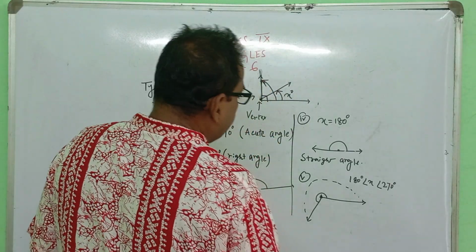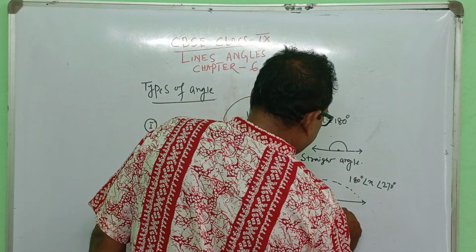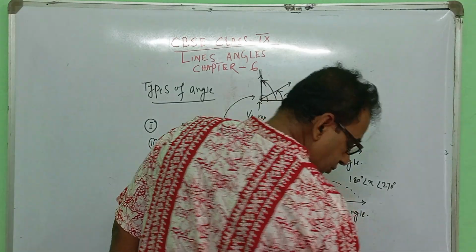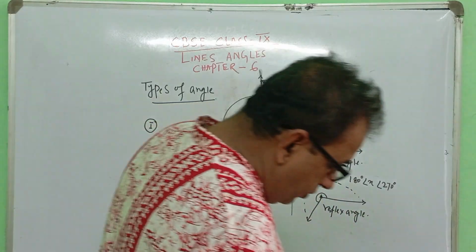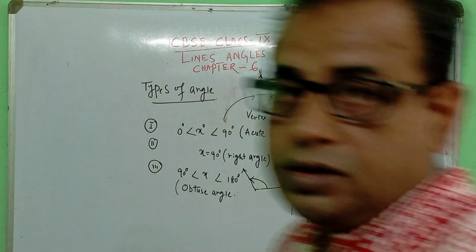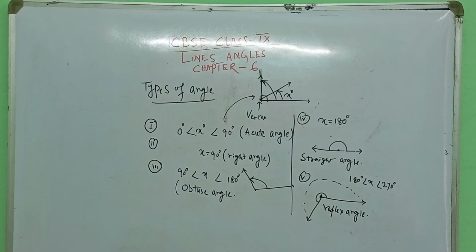It is called reflex angle. Now these are the angles: acute angle, right angle, obtuse angle, straight angle, reflex angle.